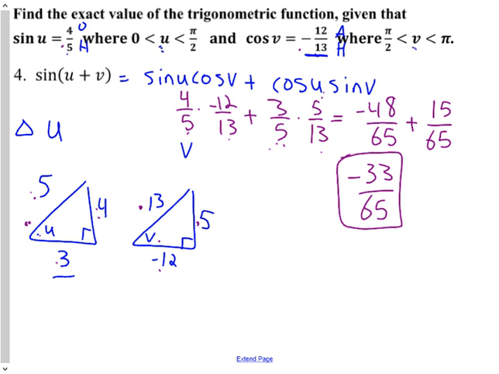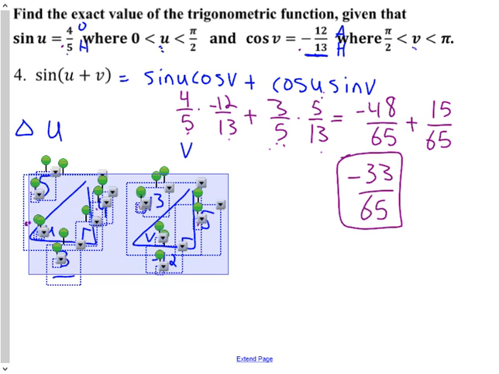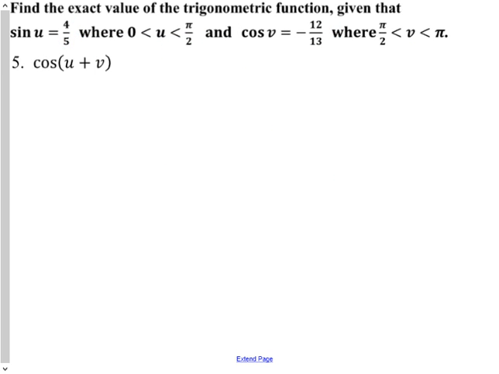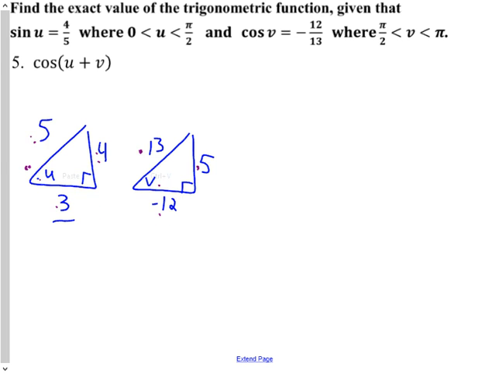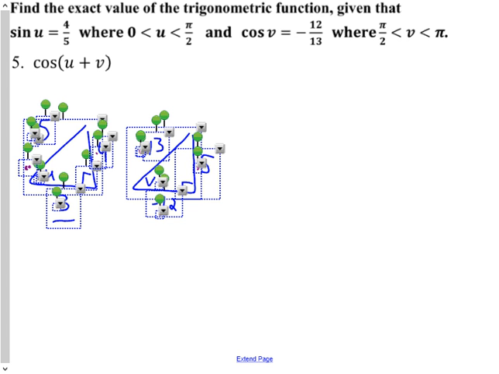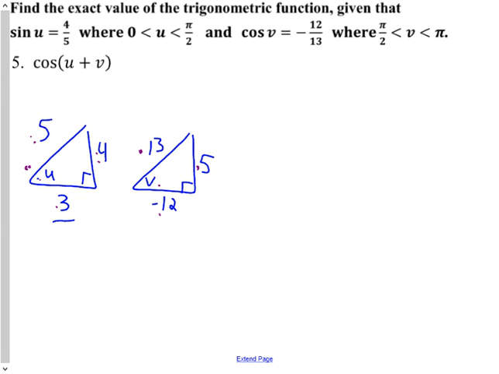Now, using these same triangles, I'm going to copy paste them quick into the next slide because we'll need them again. And now we've got what is cosine of u plus v with the same information. So reminder, cosine of u plus v is cosine u cosine v minus sine u sine v. You've got your formula sheet for this, so use your formula sheet. And now we're just filling in the values. We found all these values last slide.